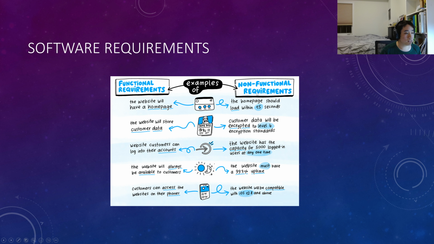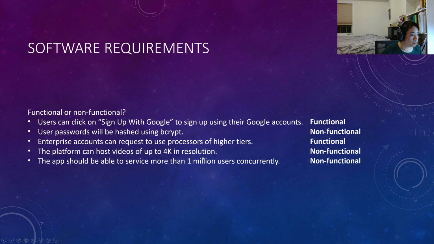So this one I would say leans non-functional. But feel free to let me know how you interpret this as well, because I may also change up the answers too.